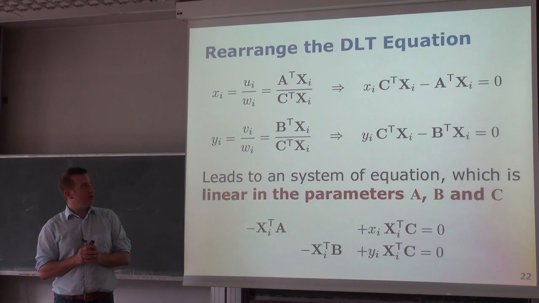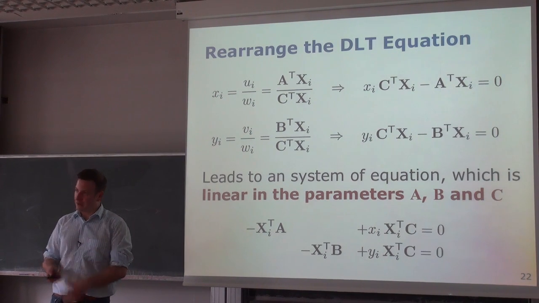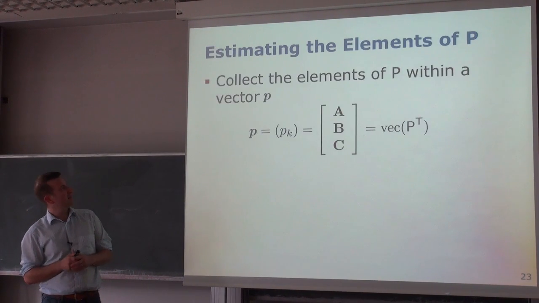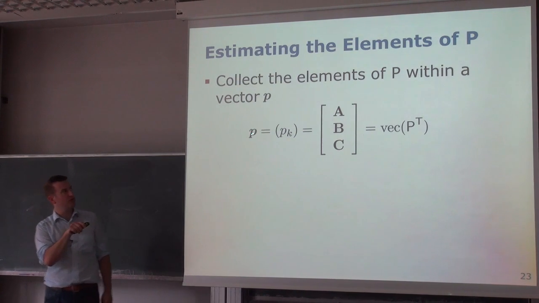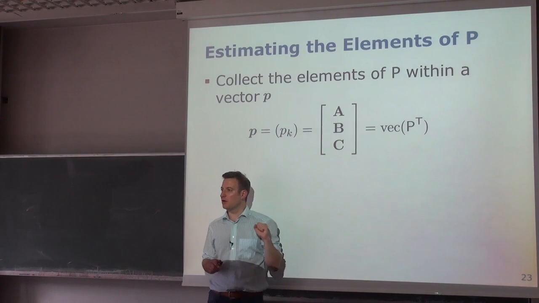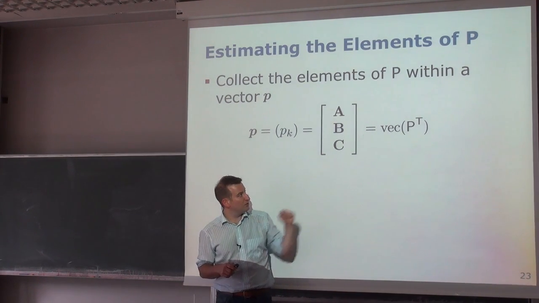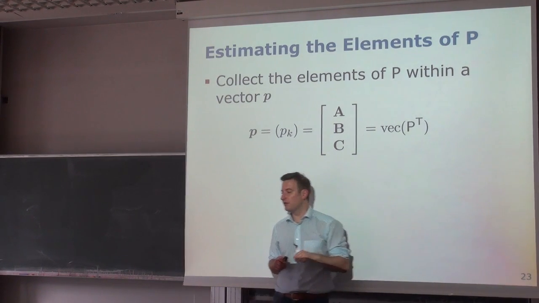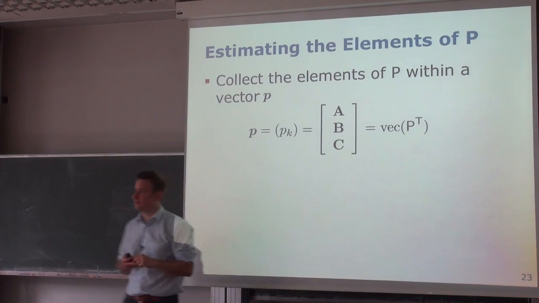So what we want to do now is estimate A, B, and C all at the same time. We can again slightly rewrite that by introducing a vector P, which is just A, B, and C stacked on top of each other, which is simply the vector of all elements in the projection matrix.